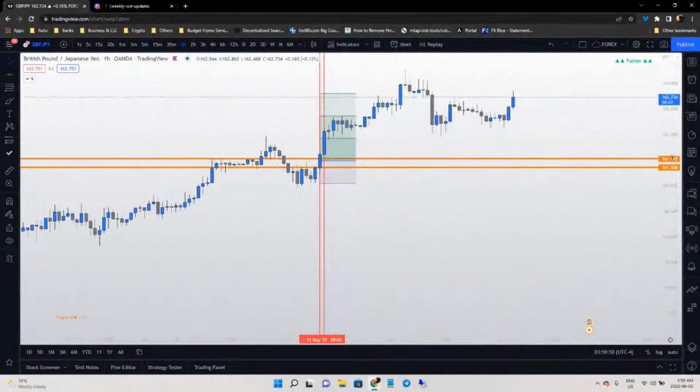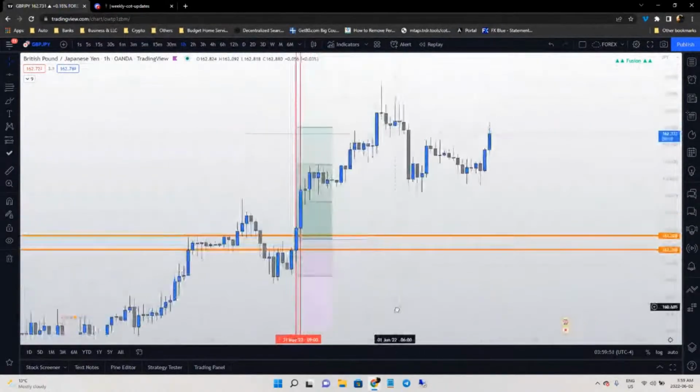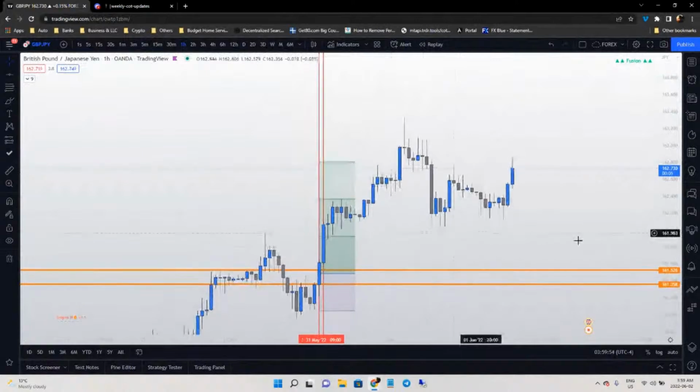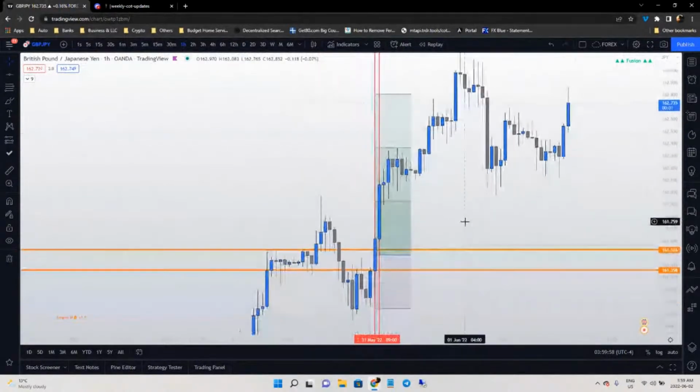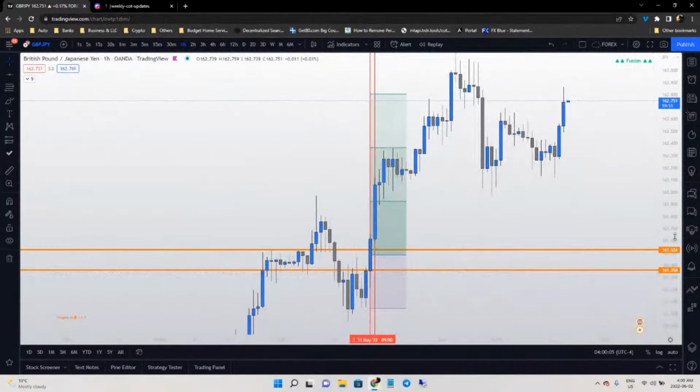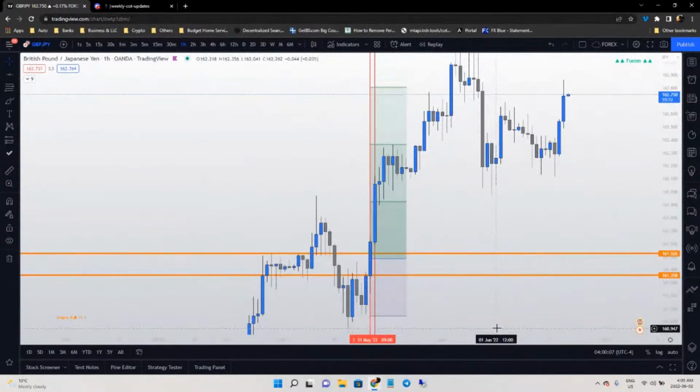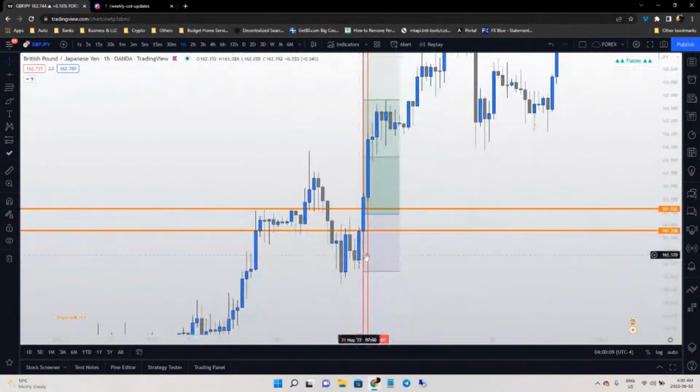So if we look at H1, you see there's a big difference. On the H1, the stop loss was here, right? Because I was looking at the lower time frame stop loss. So the bigger time frame, the H1 stop loss was here.